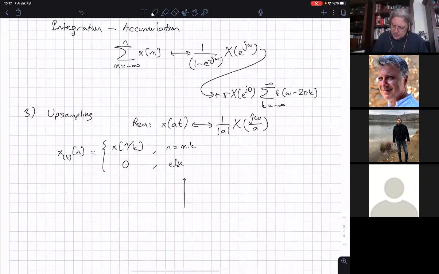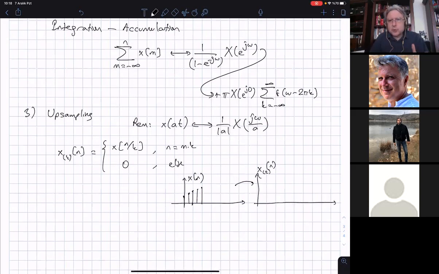This analytical formulation may look awkward to you, but it actually looks like this. It starts from a signal, let's say this, this, this, this, and this. Suppose this is x of n, then x sub 2 of n, which is an upsampling by a factor of 2, is essentially like stretching the signal, a discrete time signal.